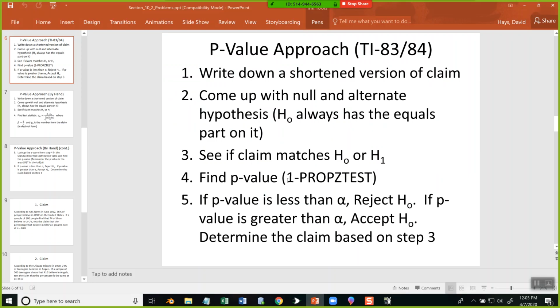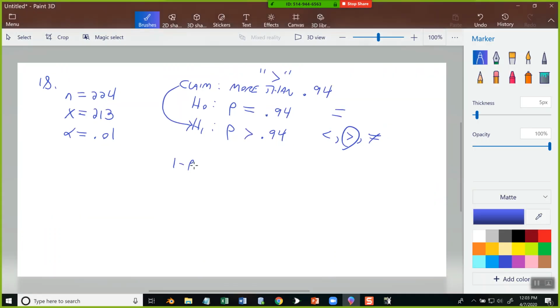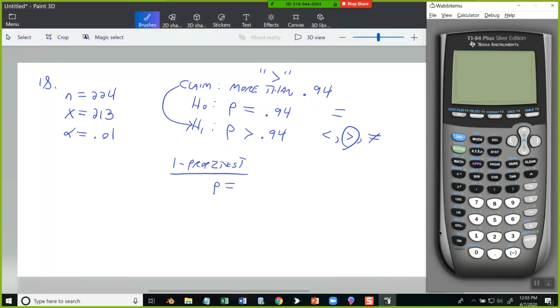And then step four, find your p-value using the one prop z test. So if I go to one prop z test, stat test number 5, the number off of the claim, H naught or H1, is 0.94.